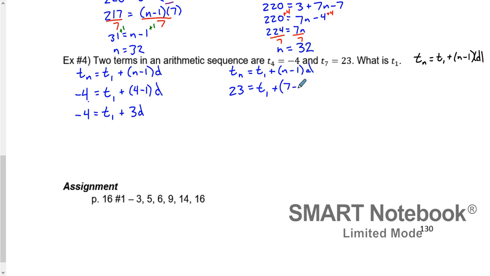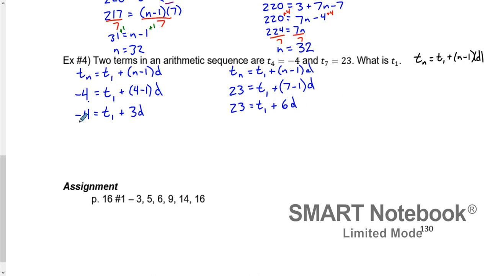It's 7. But we don't know what d is. Once again, we're going to simplify here. Term 1 plus 6 times d. Now these questions are starting to look a little more similar. -4 equals term 1 plus 3d, and 23 equals term 1 plus 6d.